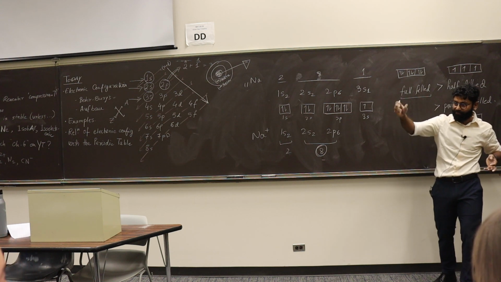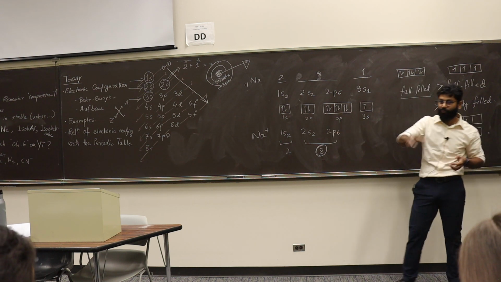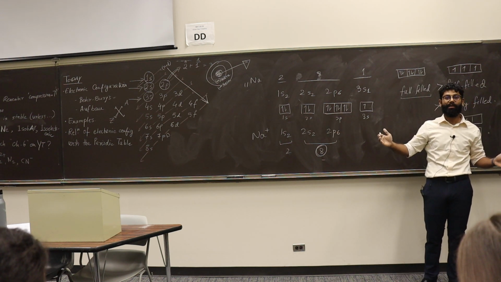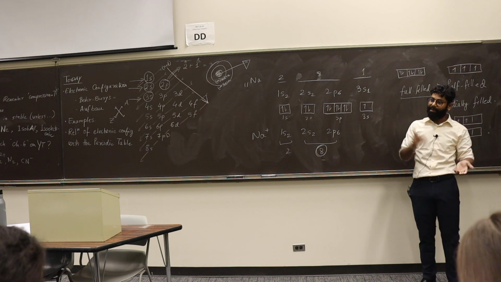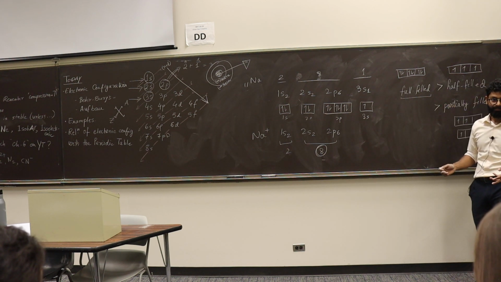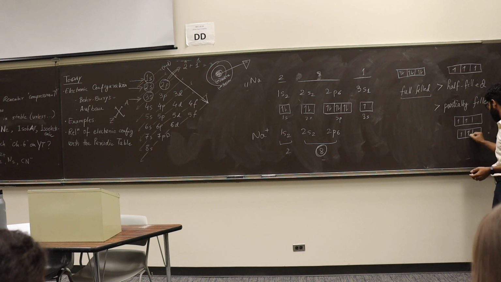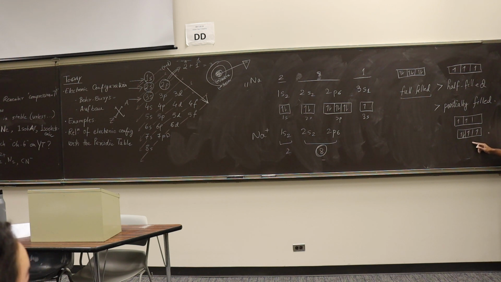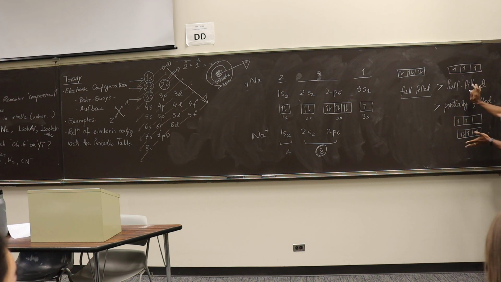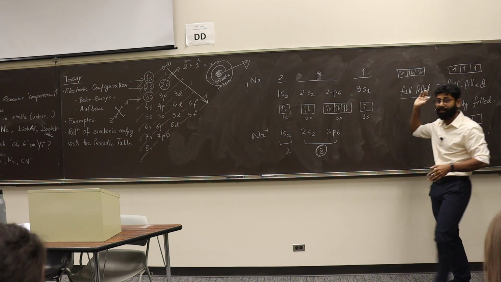All of these different small 5 rooms having 2 people each is like full filled, more stable. And the next is a half filled. Also, this is an example of partially filled. This is also partially filled. Same for D's.